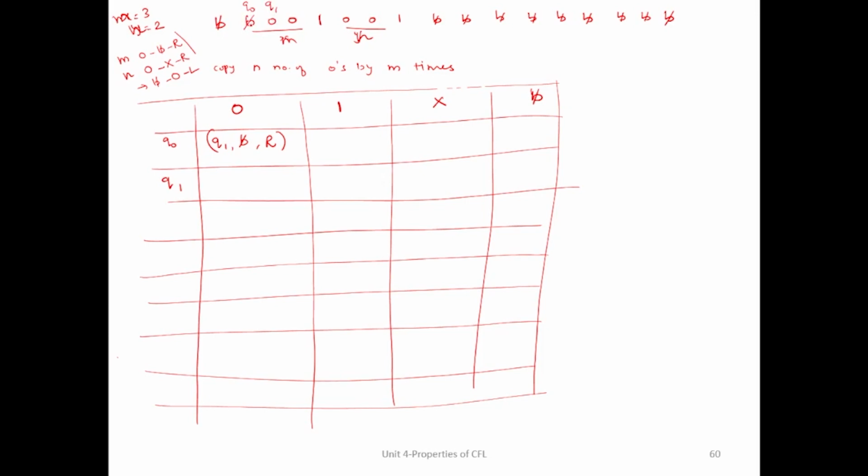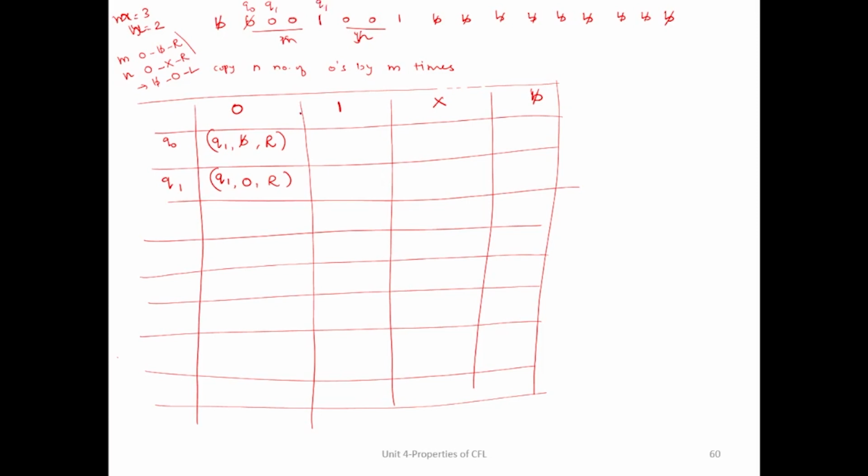And if you are replacing the first m's 0 as blank space, you should go to the nth 0. Until then, if any zeros occur, you only move to the right direction and don't change the symbol. So if Q1 reads 0, you stay in the same state and only move to the right direction. The third cell also contains 0, so only move to the right direction.